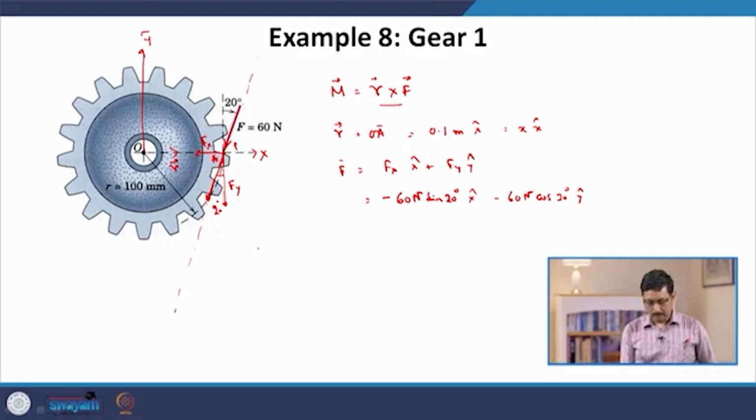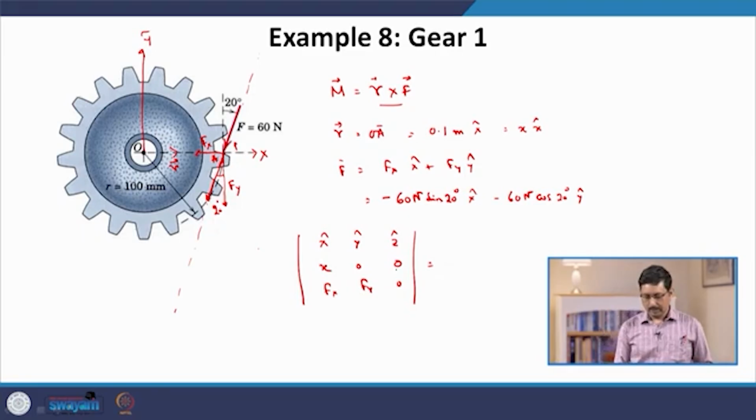Then this r cross F is calculated by using this. You can see that since it has only a z component, other components are 0. The z component is given by the x component of r and the y component of force.